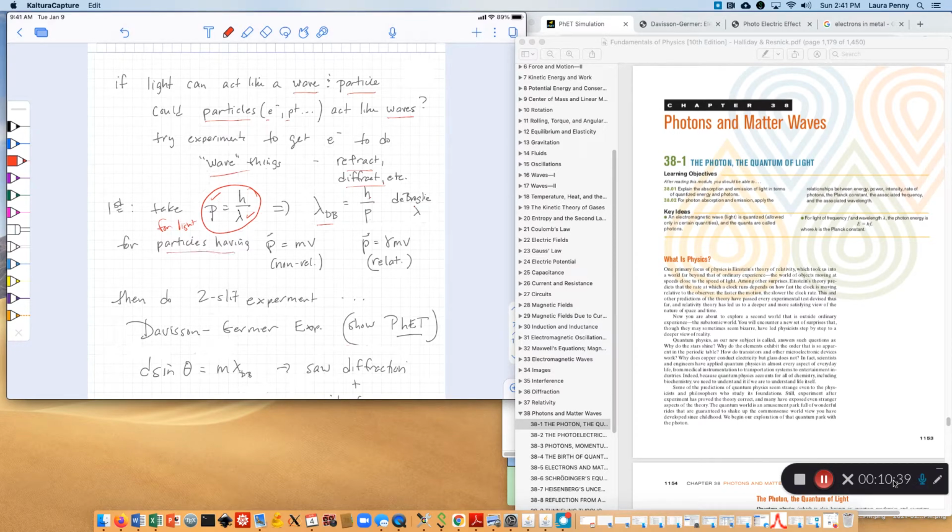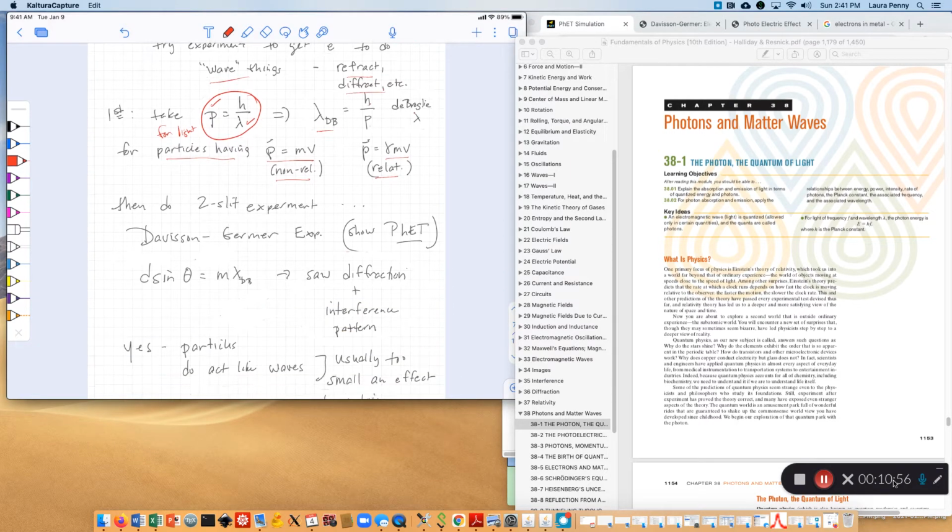And so a particle would have a momentum if it was non-relativistic, which was just its mass times its velocity, or if it was relativistic, if it was moving very, very quickly, you'd have to do the relativistic momentum. And so then take these particles and try to do a two-slit experiment with them.